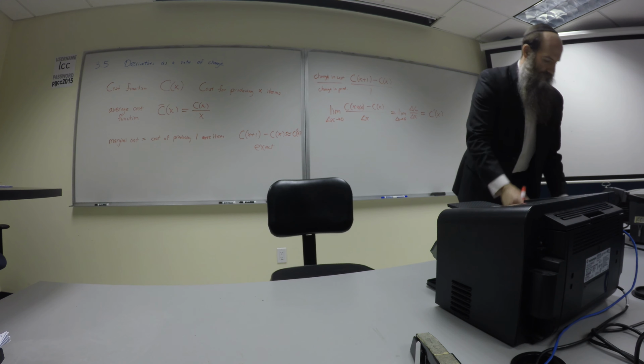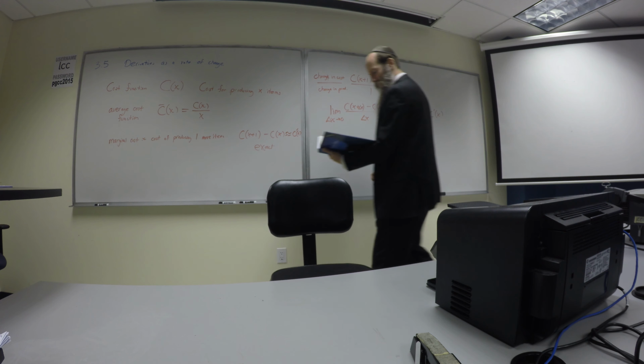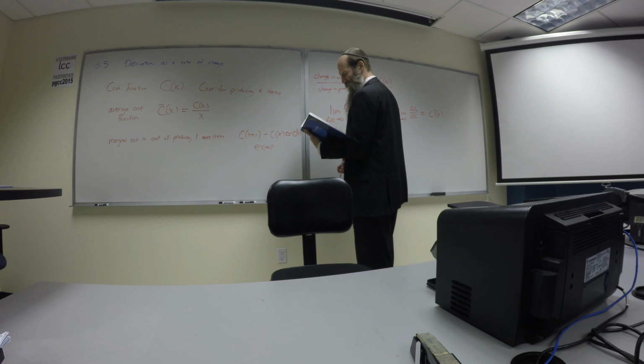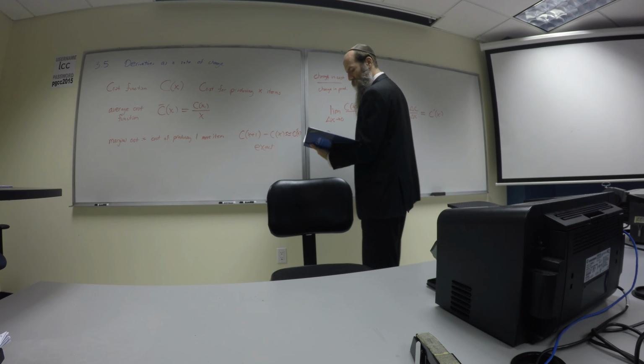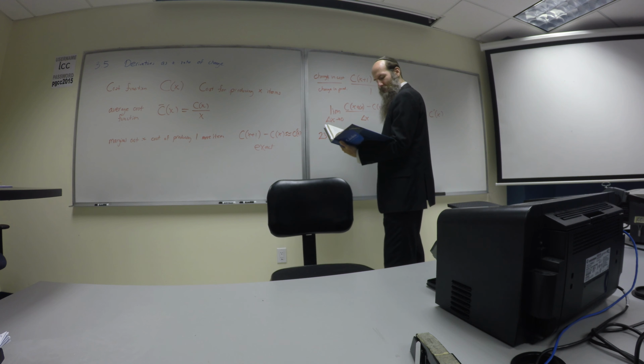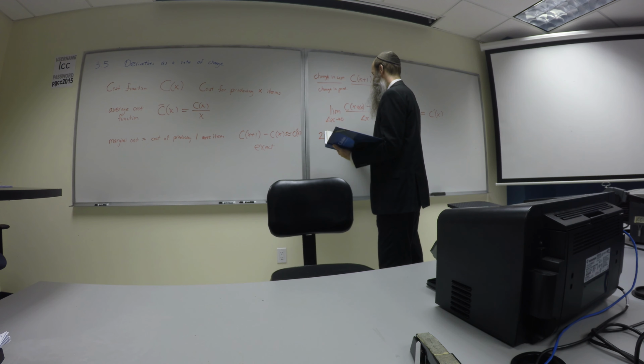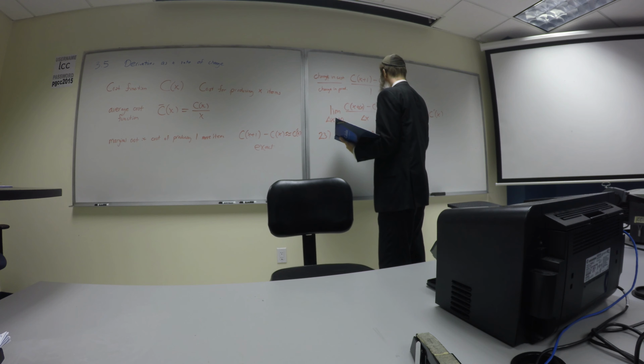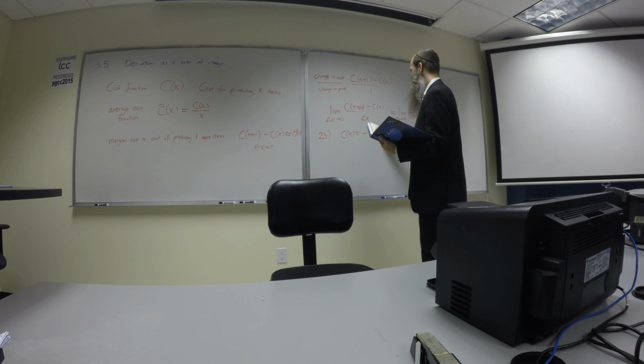All right, very straightforward problem. Number 23. Consider the following cost function. C of x is negative 0.01 x squared plus 40x plus 100.